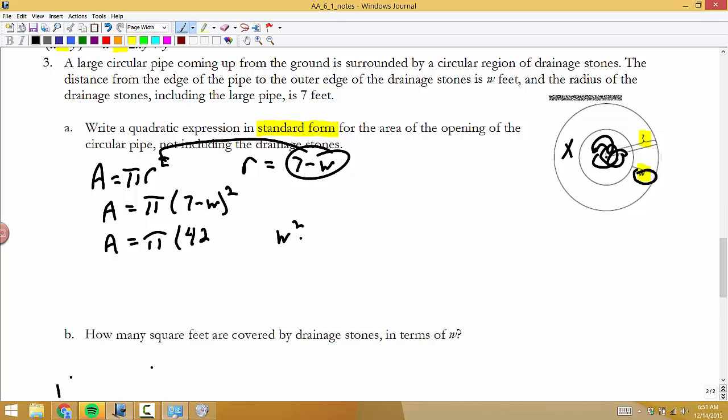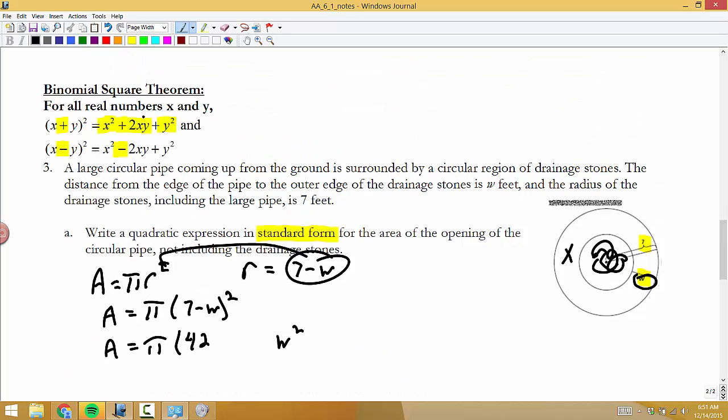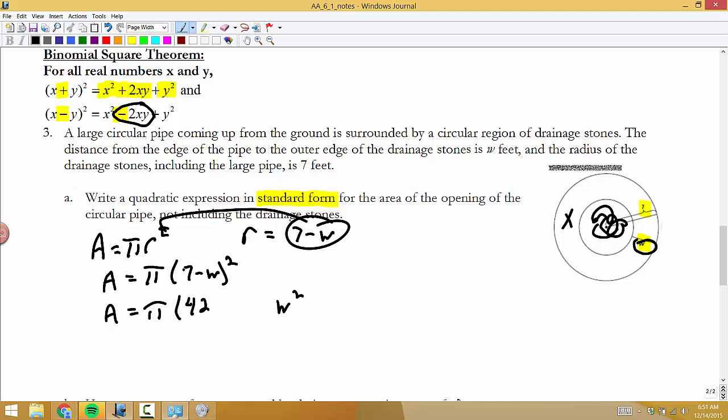And in the middle, if you remember from our binomial square theorem, when I go up here, I'm looking at this minus 2xy. So in this case, it'd be minus 2 times 7 times w. So it'd be minus 14w. This would still be plus w squared here.